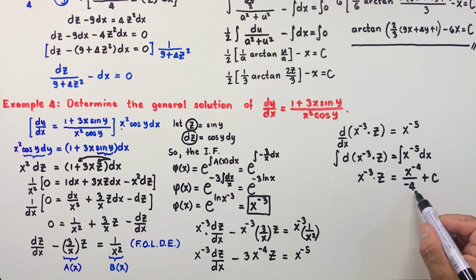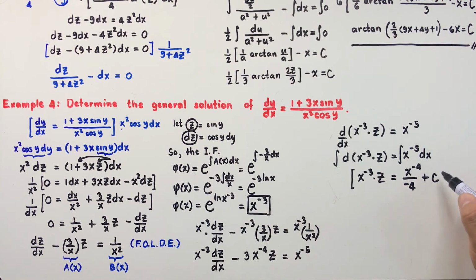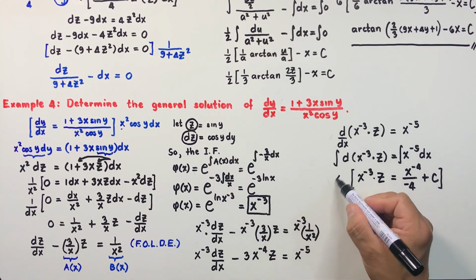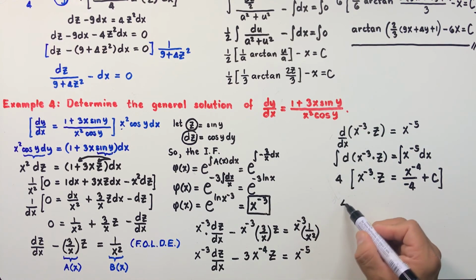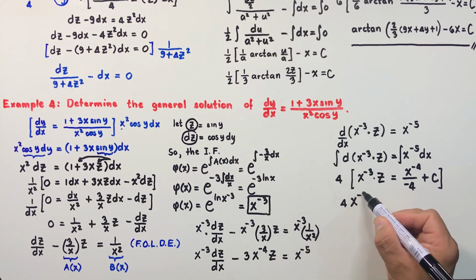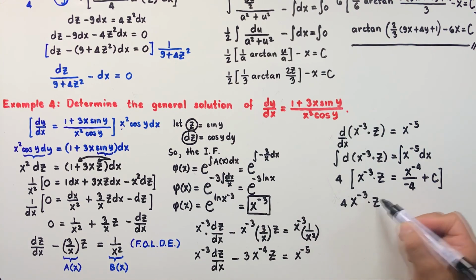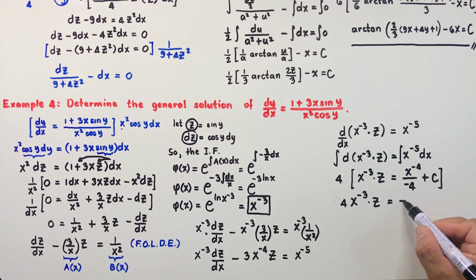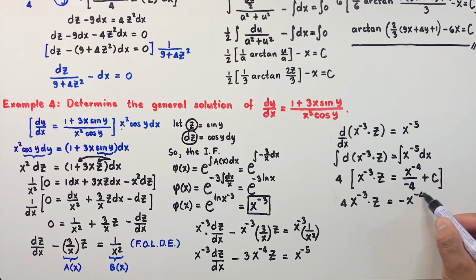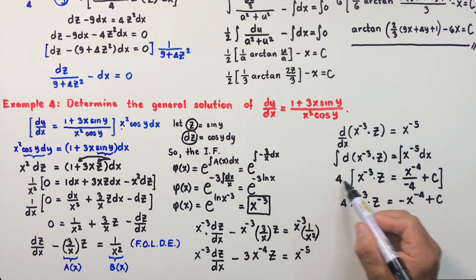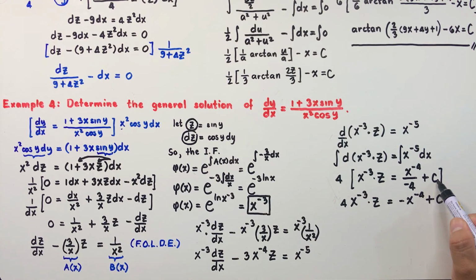And to eliminate this 4 here, we need to multiply both sides of the equation by 4. So we have 4x to the power negative 3 times z, which is equal to negative x to the power negative 4 plus the constant of integration c. Because the constant 4 when multiplied by another constant, the result is still a constant.